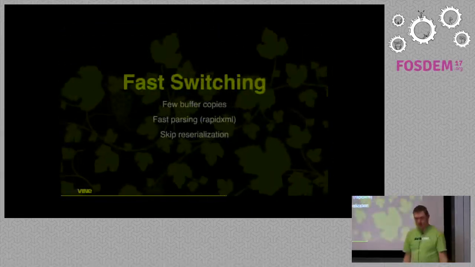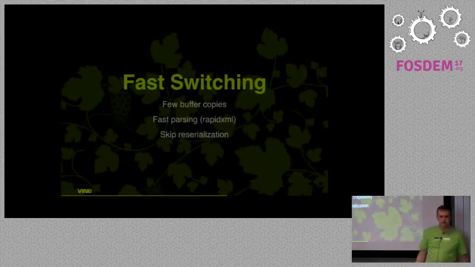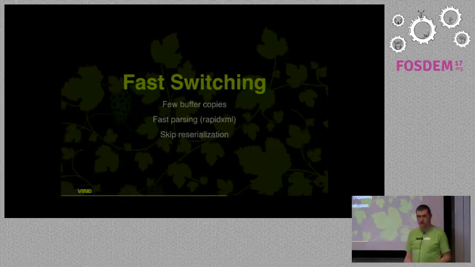Fast switching means very few buffer copies and very fast parsing. I use a fork of RapidXML, which I've enhanced a bit, and one of the things that RapidXML allows us to do is skip XML reserialization. Reserialization is at least as slow as parsing, so if we can skip it, we've skipped half the time.